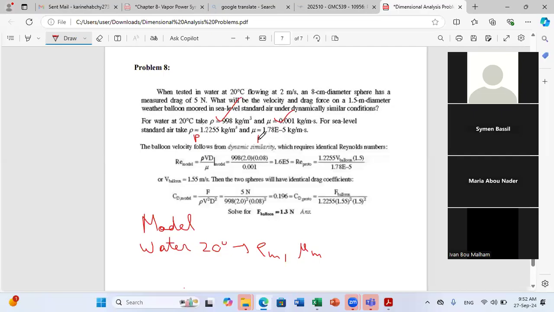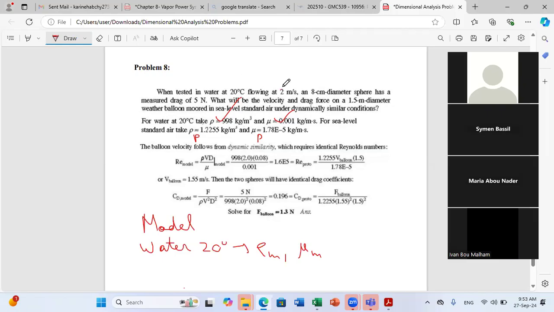Here it's in the opposite way: we want to extrapolate results to get velocity and drag force in the case of the prototype. So we know everything here about the model.